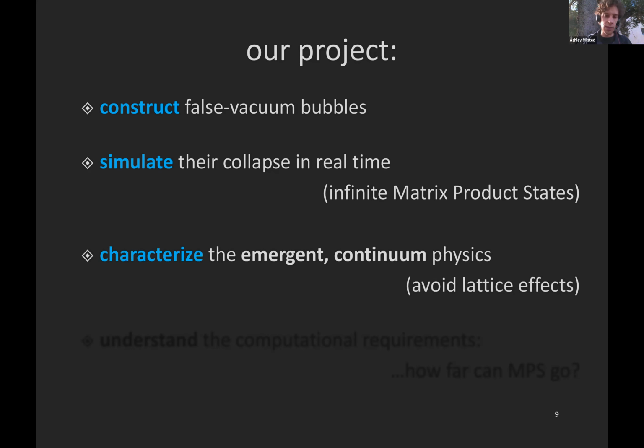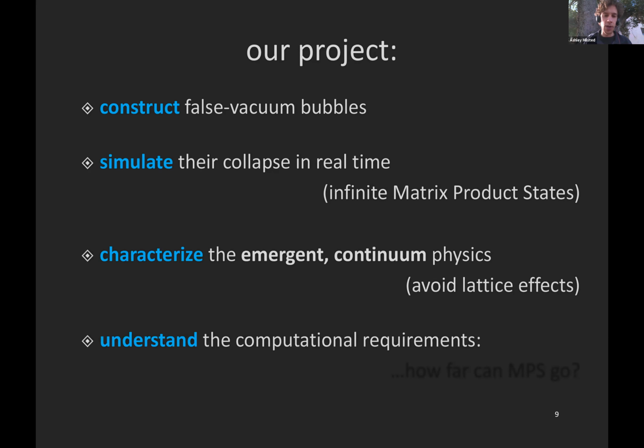So we want to avoid lattice effects, and we take a stab at avoiding the most obvious ones. And we want to understand the computational requirements for such simulations as, for example, as you increase the energy and get more and more particles produced. So how far can MPS go? And, again, part of the motivation for looking at that is to understand where you might get a benefit from doing the simulation on a quantum device.